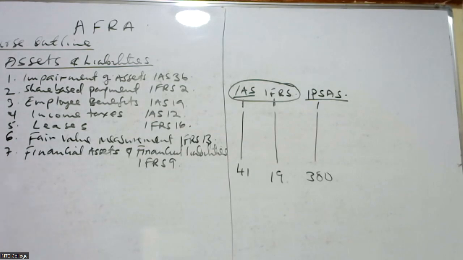As you can see, it's very wide. We need to discuss them one by one, and you'll find that maybe one is taking like 2 or 3 lessons. The examiner always gives this topic 30% of the marks. Therefore, when you get this well, you can be sure that you already have 30% in the exam once you understand this concept of assets and liabilities.